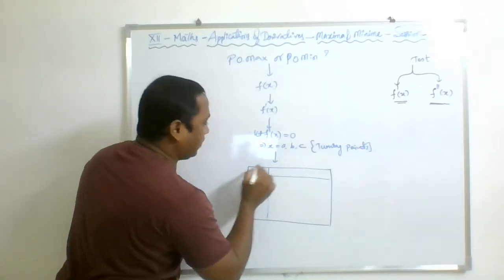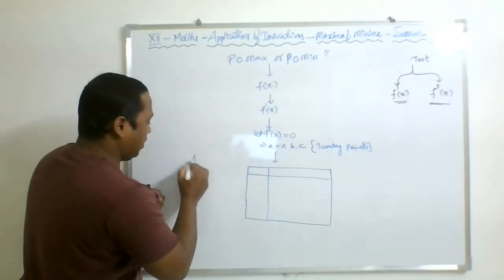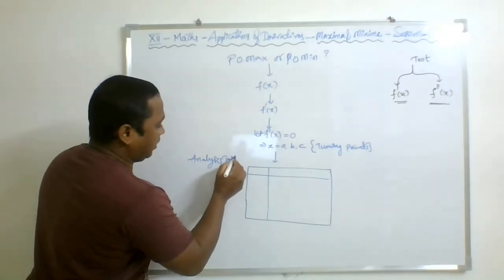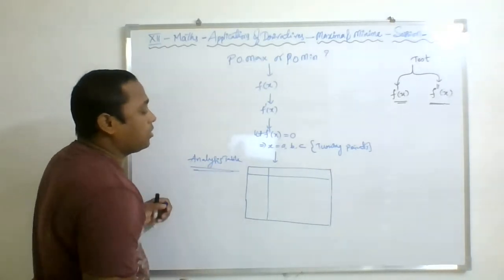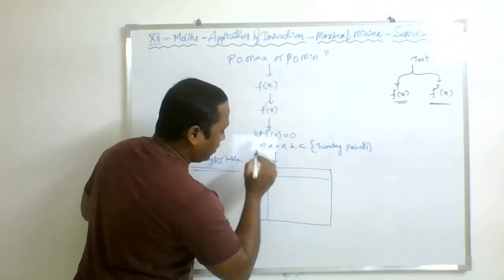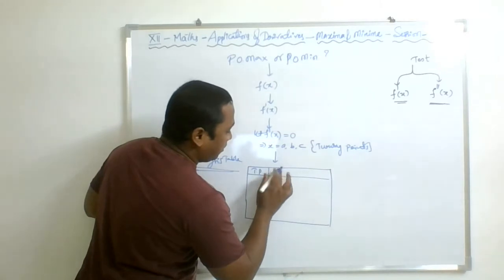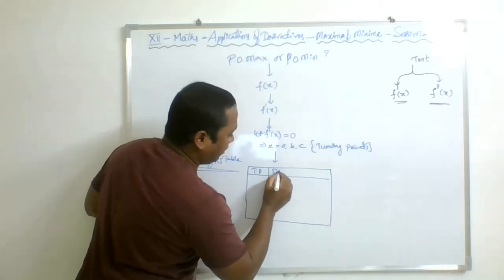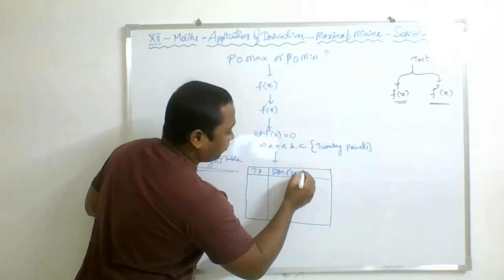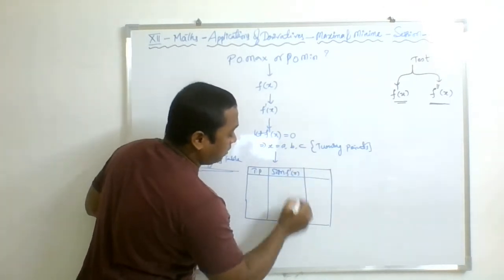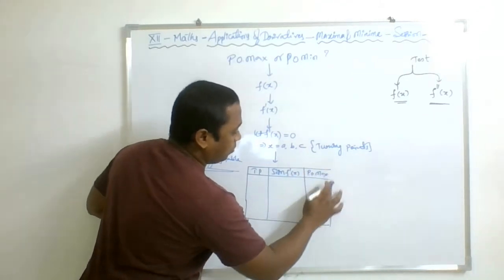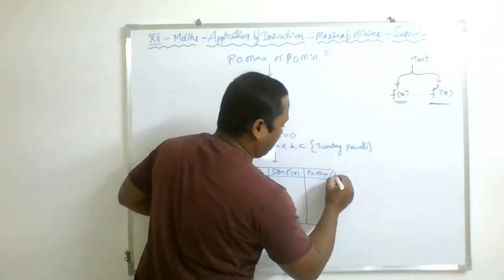This is called an analysis table, and it is most important to express yourself. This is called the turning point. We'll study the sign of the derivative, and then we'll decide whether it is a point of maxima or minima.